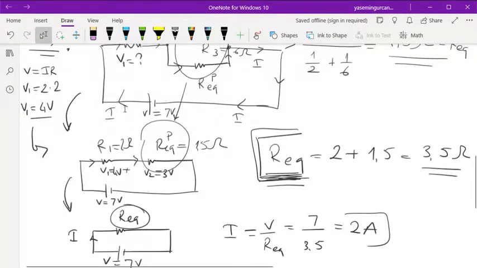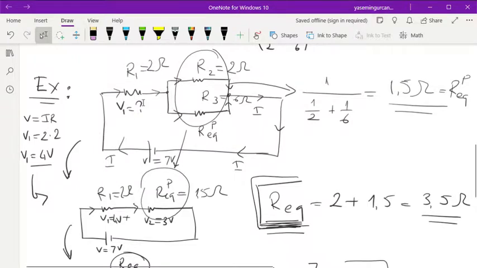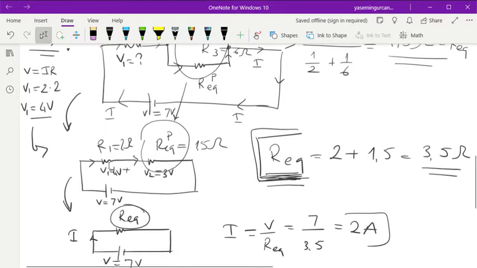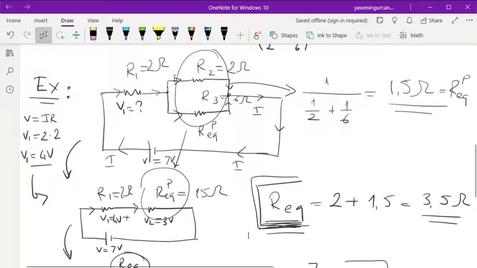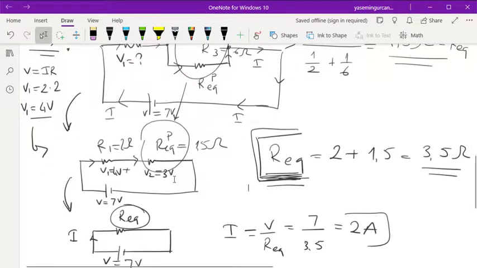And by finding that, you're able to find what is the voltage drop on the R1, so which is 4 that we found. And by finding that, you actually are finding automatically what is the voltage drop on this parallel part of the circuit. And in this case, we found that to be 3 volt.